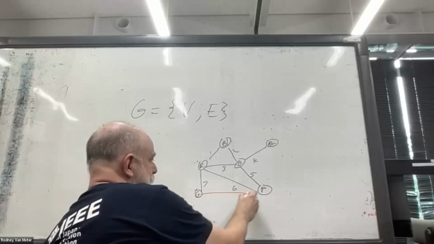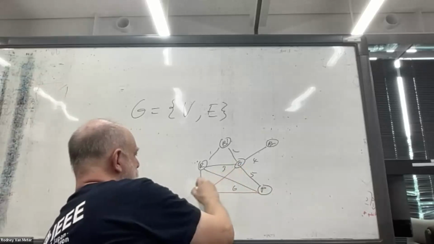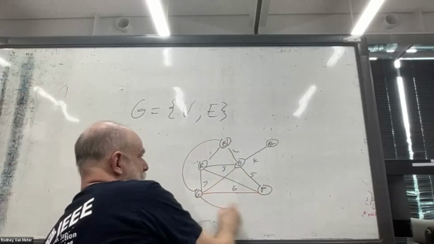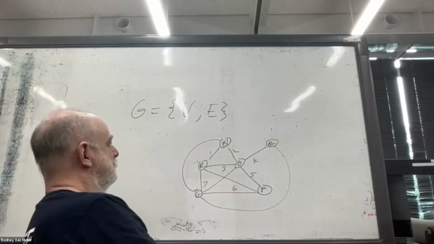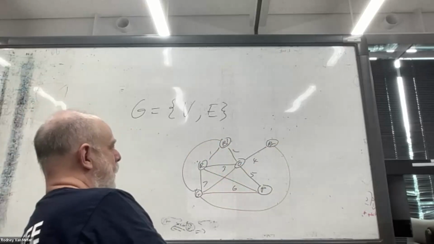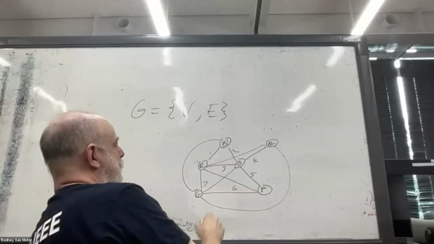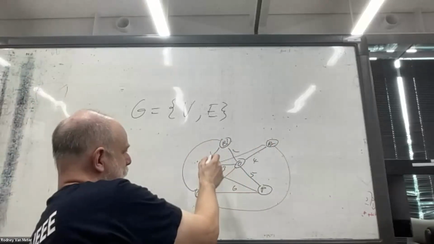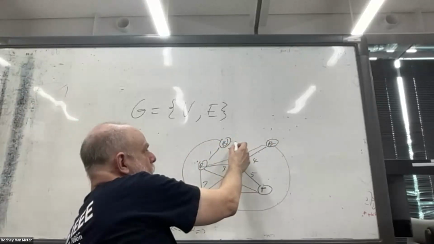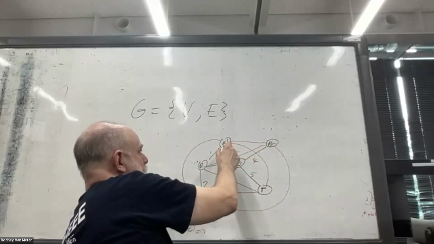We could add green to purple here. We could add green to orange, green to blue, green to brown. If we take the red one, we could still have red to brown, and I think that's all. Blue could still be connected to brown and to purple.